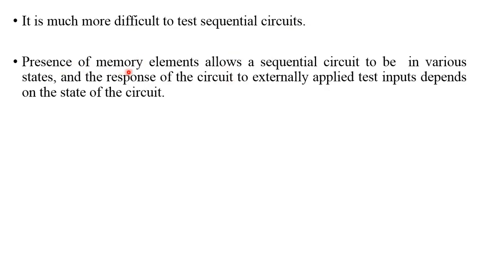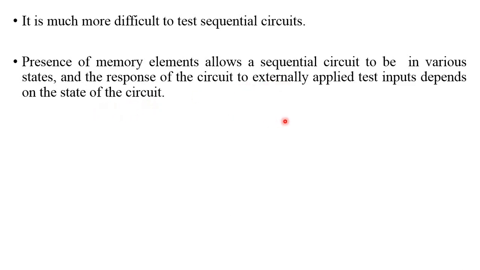It is much more difficult to test the sequential circuit because the memory element allows the sequential circuit variables to influence the response of the circuit. Externally applied test inputs always depend on the states of the circuit.